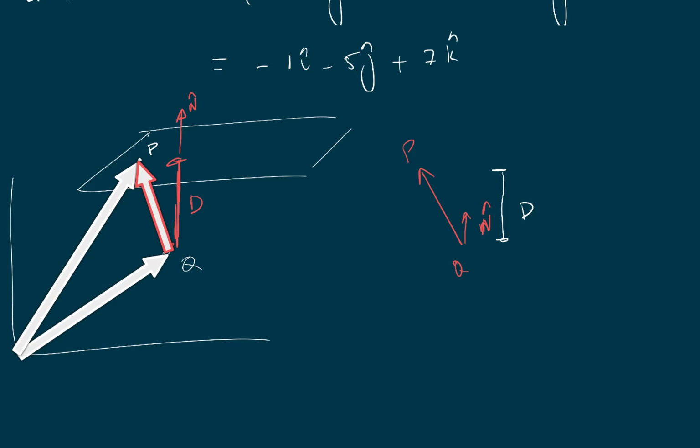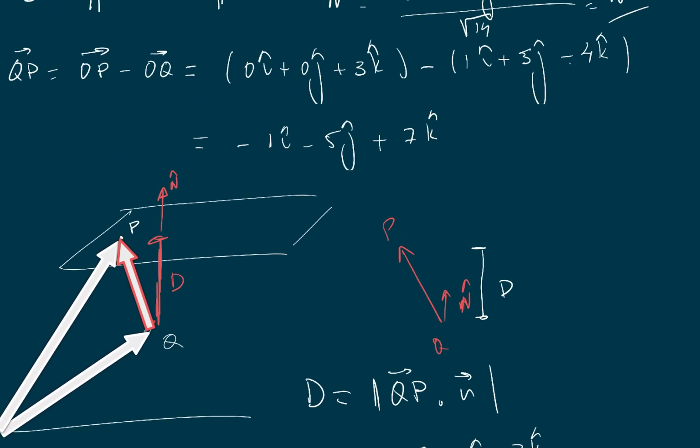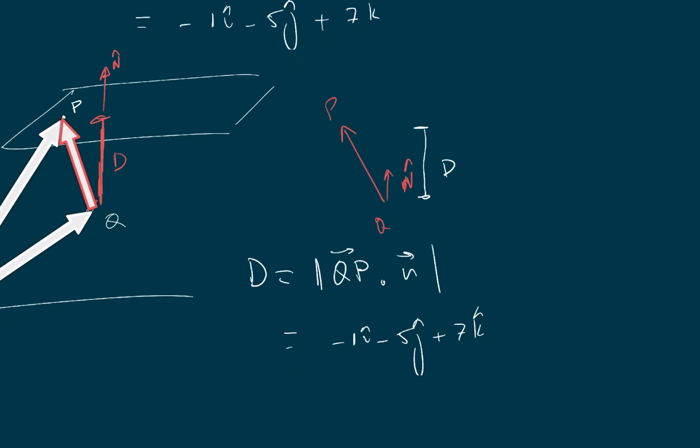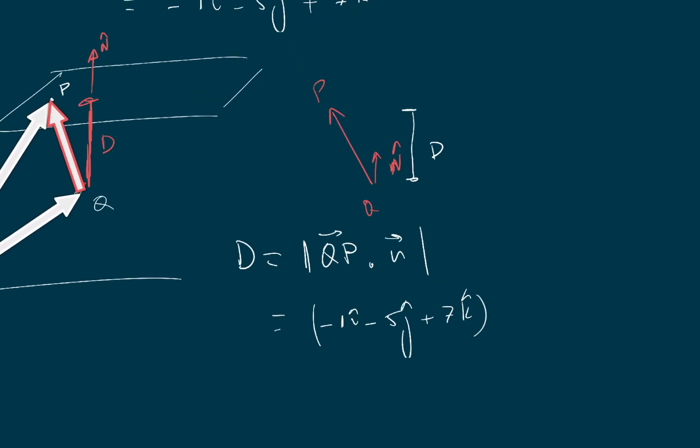The distance D is the magnitude of QP dot U. I have QP. QP is the vector minus 1i minus 5j plus 7k. I think I didn't make any mistake.